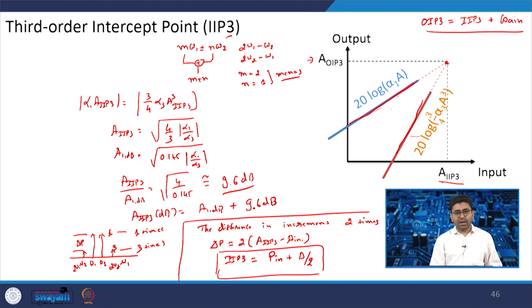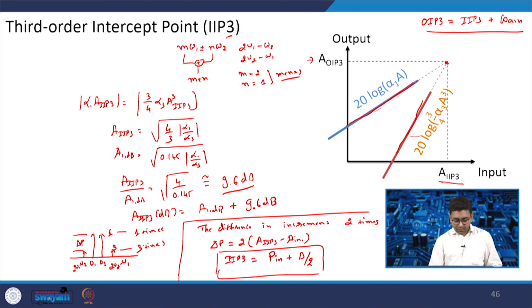One more equation that we have discussed: if this is the first order component and this is the third order component, when we increase the power of the first order, the power of the third order increases 3 times. So, this is increasing 1 time and this is increasing 3 times.